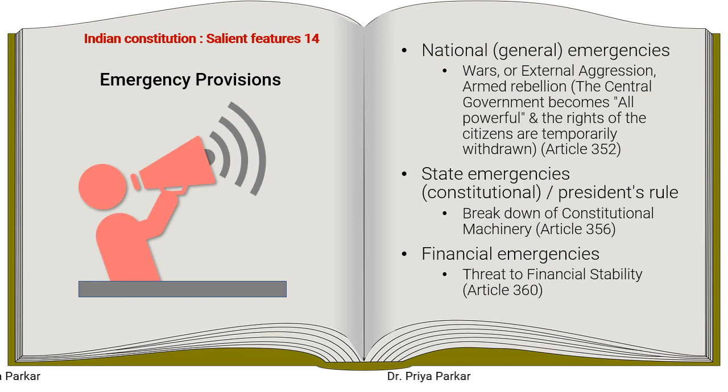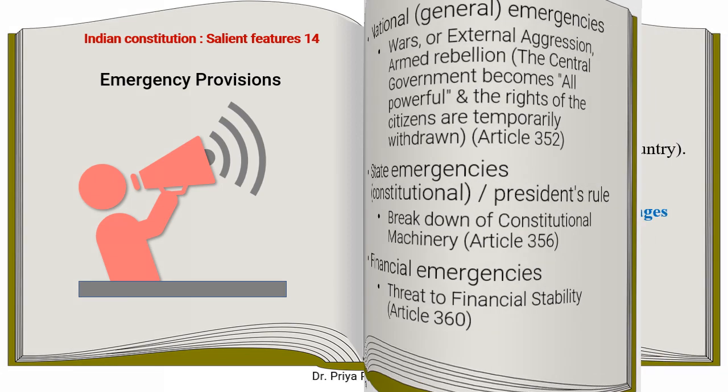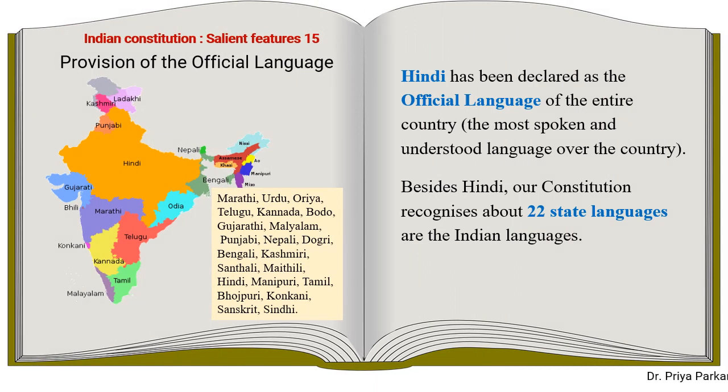The first, national emergency like war, external aggression or armed rebellion. The second, administrative emergency arising out of the failure of constitutional machinery. And third, financial emergency. During emergencies, the federal constitution can be converted into a unitary one.